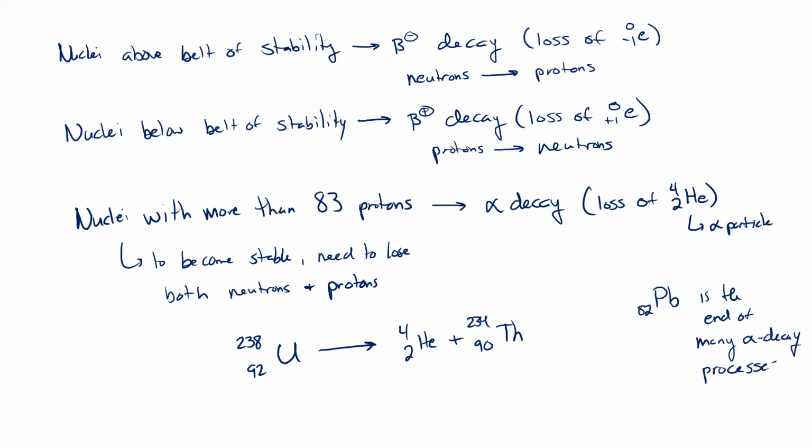You keep losing helium nuclei, you keep losing protons and neutrons until you get down to 82, and you get the various isotopes of lead. So this is why lead is so common in the Earth's crust, much more than one would expect for an element this large. It's because all the radioactive elements, all the elements above 83 in atomic number, are slowly decaying to produce more and more lead as time goes on. Okay? All right.